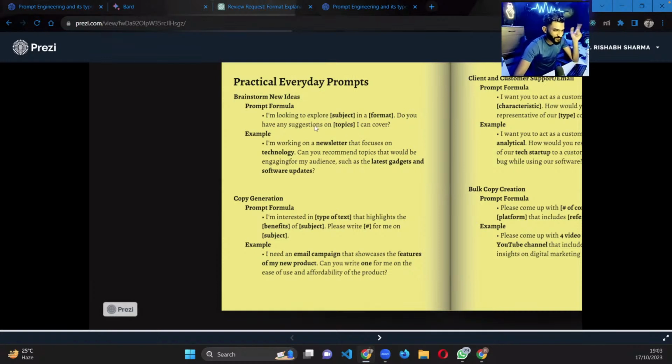ChatGPT and Bard. How many in favor of C?